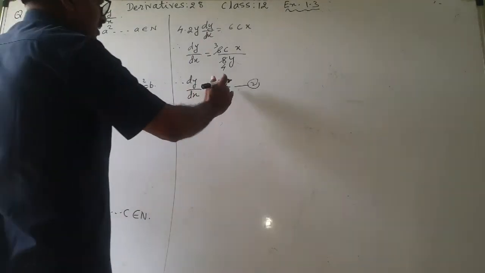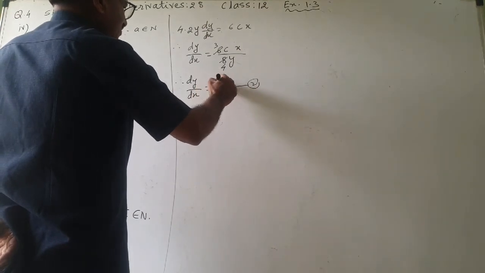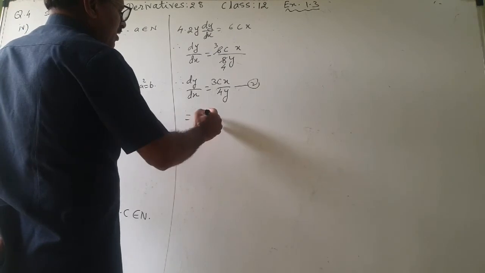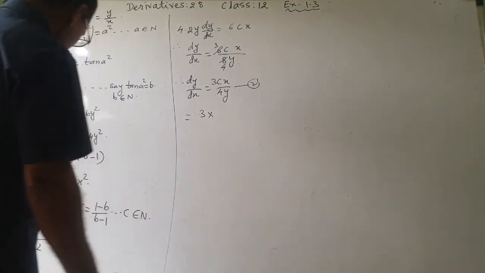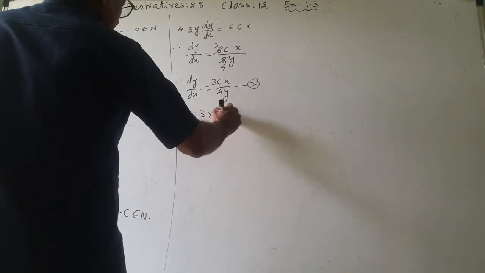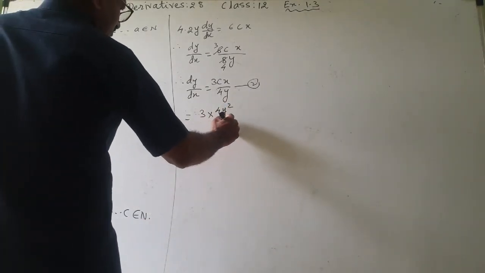Here this is 3cx, this way I will write. So that is equal to 3 into, what is the value of c? Here I can see it is 4y square upon 3x square.